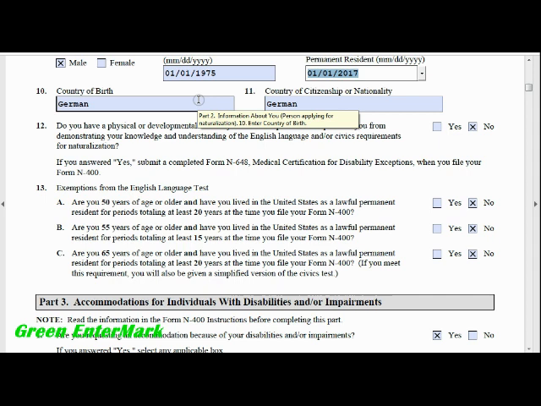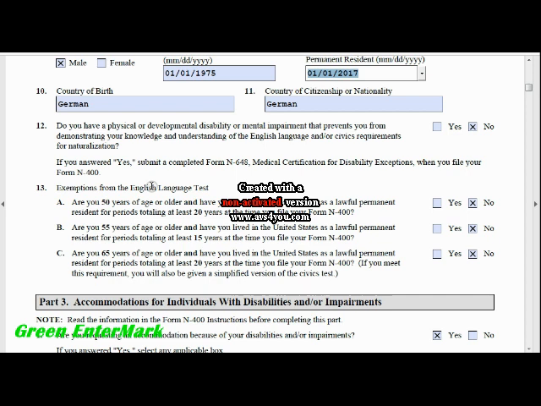On the 12th bullet point: do you have a physical or developmental disability or mental impairment that prevents you from demonstrating your knowledge and understanding of the English language or civics requirement for naturalization, for the test purpose? Most people say no. If someone has a disability or mental impairment, they say yes.